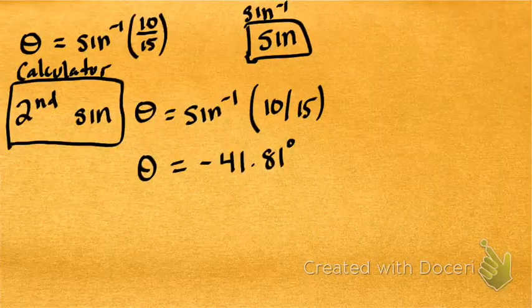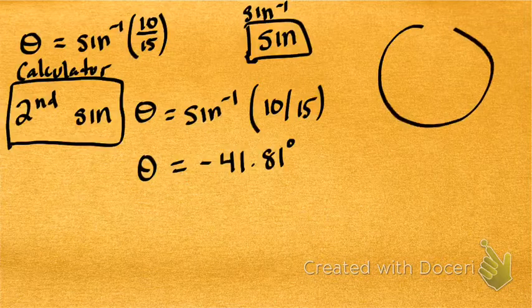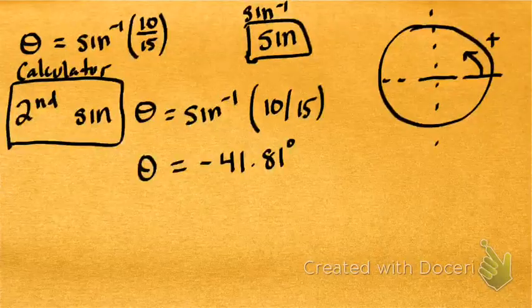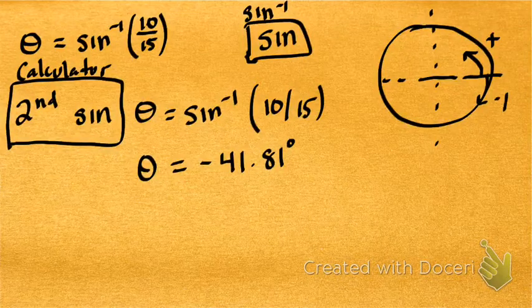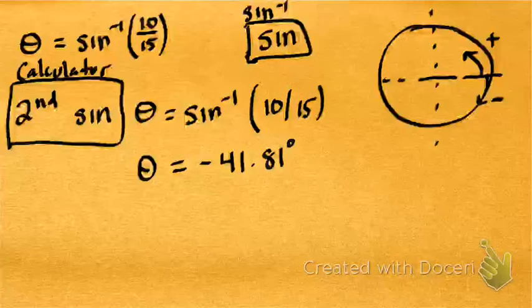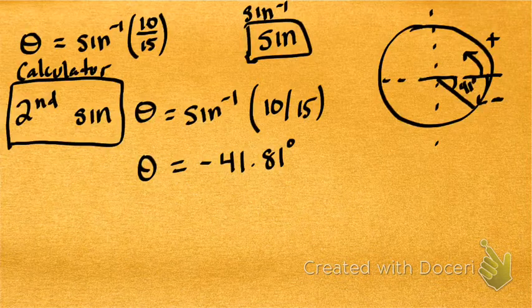Now, that negative might throw you off, but remember on the unit circle, we have this and we have that. When I go this direction, that's positive, and when I go this direction, that's negative, a negative angle. So in essence, this angle that I have is in the negative direction, but it is still 41 degrees.